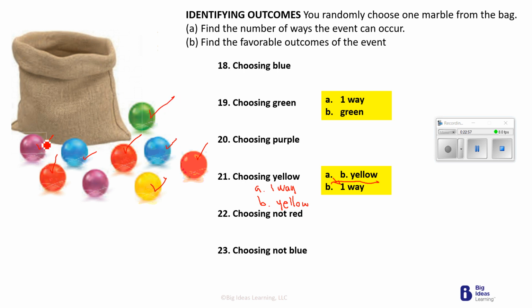So there's only, oh, I'm sorry, it couldn't be the blue ones. Let's go back and erase those. It said not blue. So it could, in fact, be this purple one. So not blue. We have 1, 2, 3, 4, 5, 6, 7 ways, right? 7 ways.